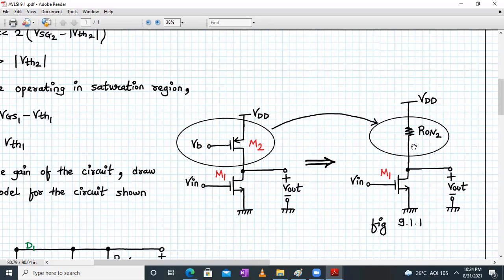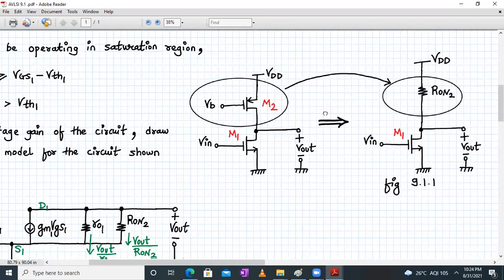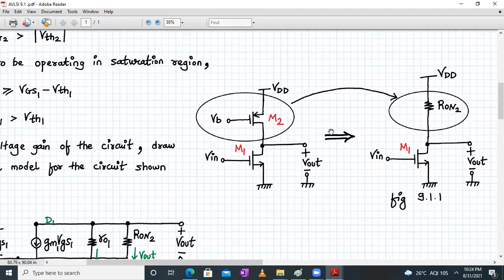So we can easily replace it with a resistor R on2, which is the small signal equivalent, given in figure number 9.1.1. Clear about it? It's not a physical resistor connected. It's just that your MOSFET is operating in the deep triode region, so it's behaving as an on-state resistance, which is linear. That's why we have drawn R on2 here.